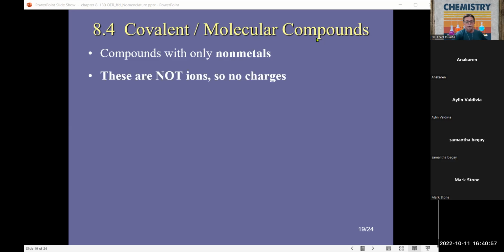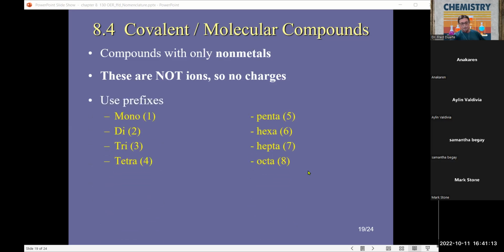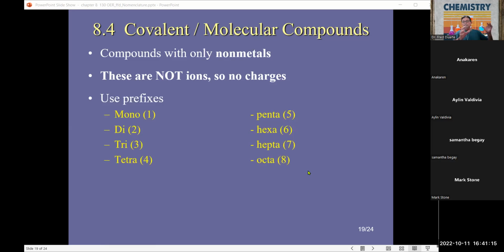That we are dealing with nonmetals, and these are not ions. They do have partial charges, okay, only because of the dipole involved in the bond, but still they're not conductors of electricity, even though they do have partial charges. Now, in the case of the ionic compounds, we did not use prefixes at all.